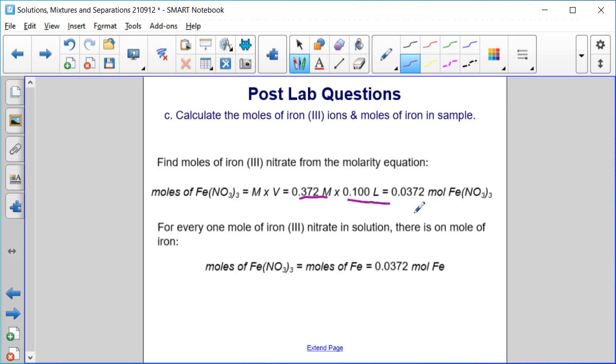So I've converted that to liters, 0.1 liters, to get 0.0372 moles of iron 3 nitrate. Now, in this chemical equation, we can see that for every 1 mole of iron 3 nitrate, there is 1 mole of iron, right? There's a 1 here. So that is also the number of moles of iron, 0.0372.